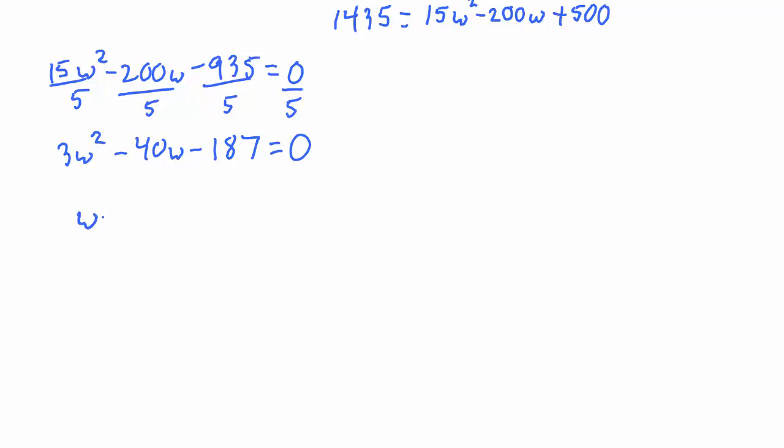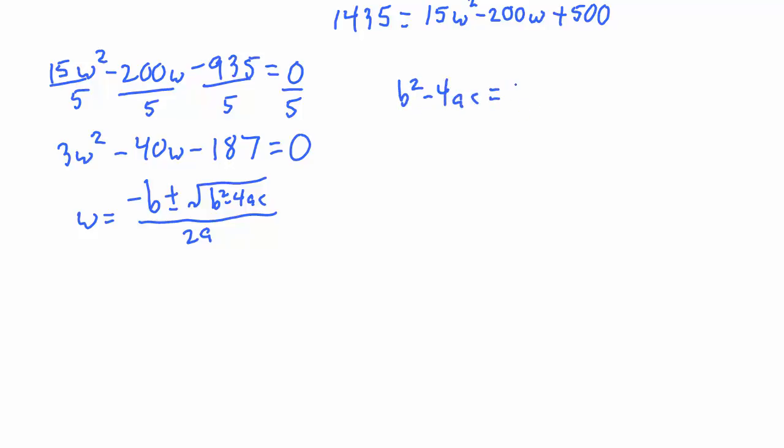So w is equal to, well, the problem is that this is a quadratic equation. So negative b plus or minus the square root of b squared minus 4ac all over 2a. What I'm going to do is I'm going to do b squared minus 4ac first.